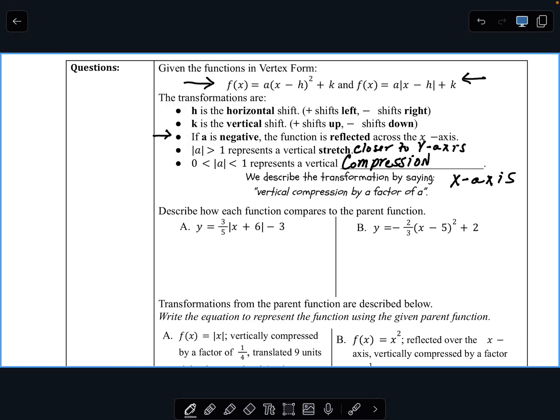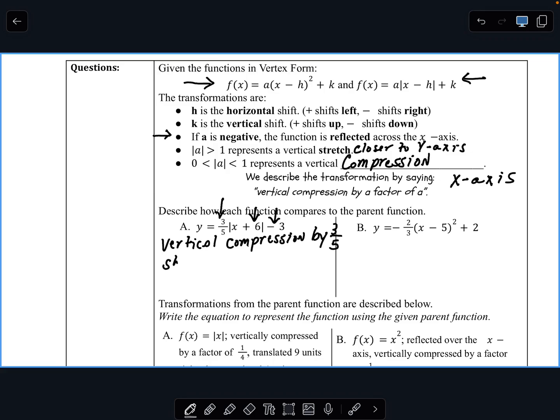So here in this first example, you can see we have a compression because our A is less than 1, greater than 0. Here we have a horizontal shift and a vertical shift. So we would say we have a vertical compression by 3/5.